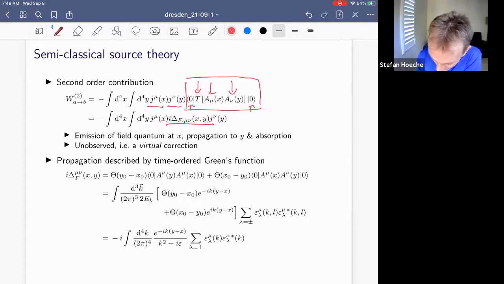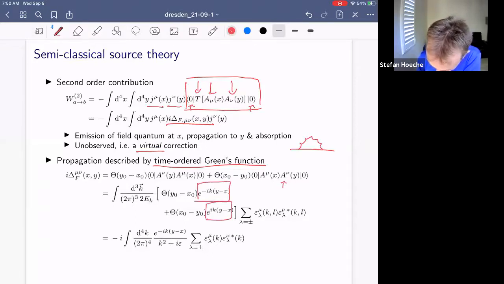And I already showed on the previous slide, this thing is a virtual correction because we want to reach the vacuum again. So the gluon is produced and again absorbed by the classical current. This propagation between point x and point y is described by this time-ordered Green's function, which has a name: the Feynman propagator. You can go to your QFT lecture and see that I can decompose this gauge field into a dynamic part, given by this exponential here, and a part that's only due to kinematics, which is this part here.